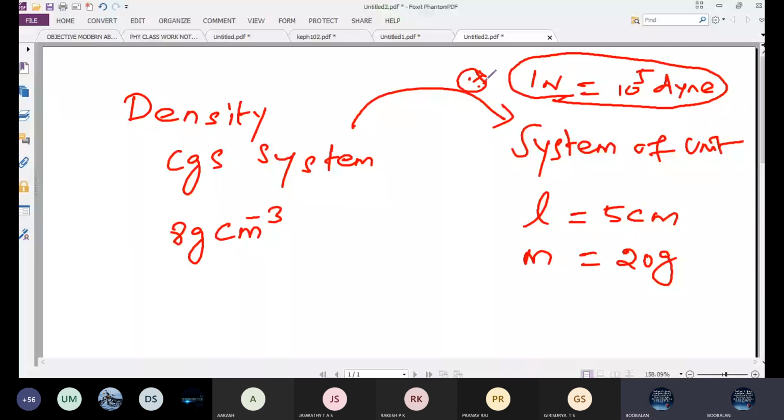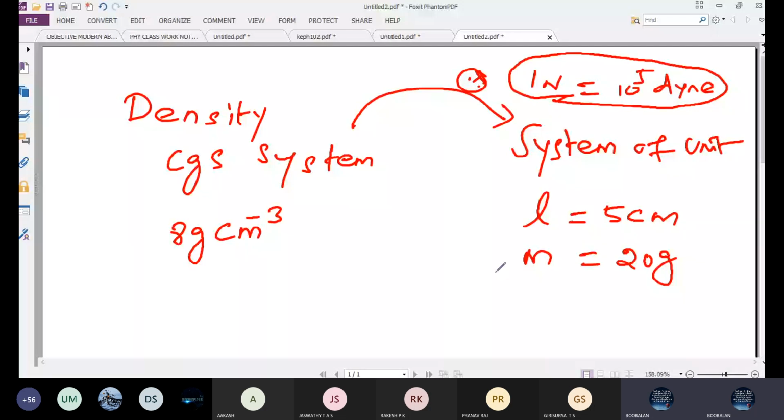The density in CGS system is 8 gram centimeter power minus 3. In the system of unit, length value 5 centimeter, mass value 20 gram. What is the density of the material in this system?